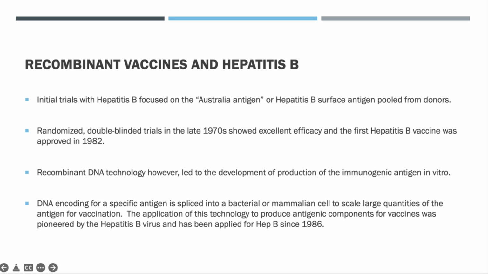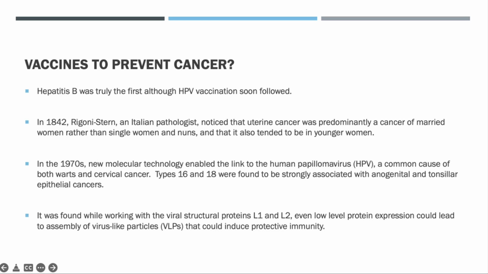The hepatitis B vaccination was really the first to use this idea of recombinant technology, wherein you could actually splice a piece of DNA into another cell and culture to actually produce an antigen at large scale. And hepatitis B was one of the first vaccines to use this technology, and that's been applied in hepatitis B vaccination since 1986.